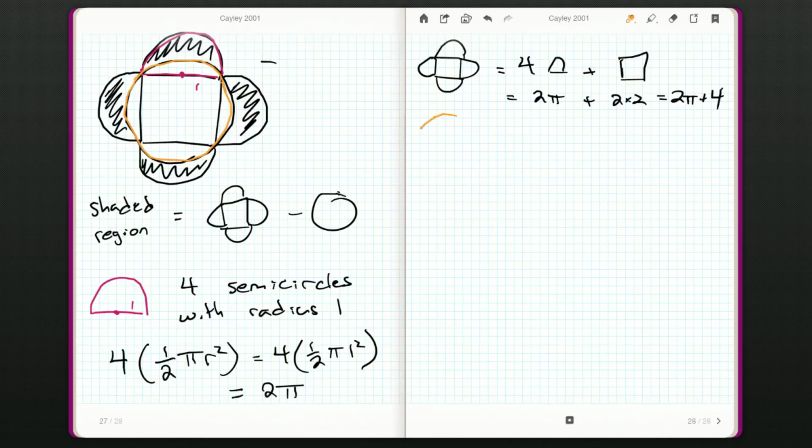So the area of the orange circle, well, if I knew its radius, I'd be all set. We can draw its radius, and it's half of the diagonal of the square.